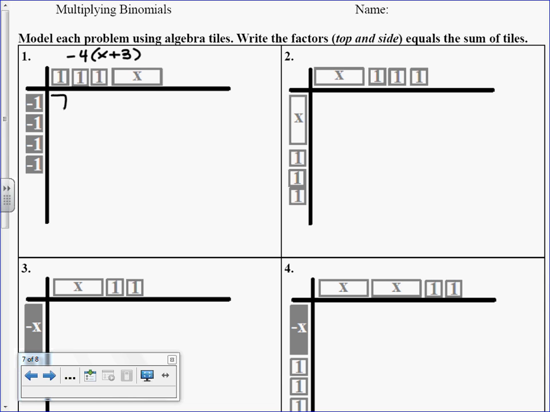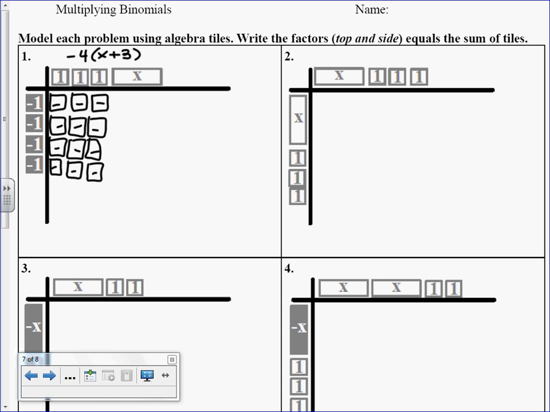So here we would have a lot of little squares. And they're all going to be negative, so I'm just going to put a negative symbol in them.